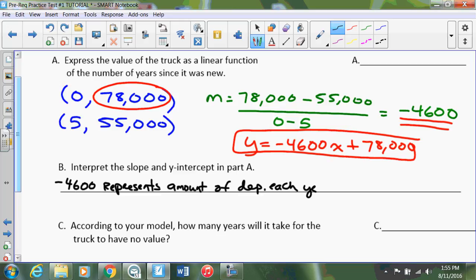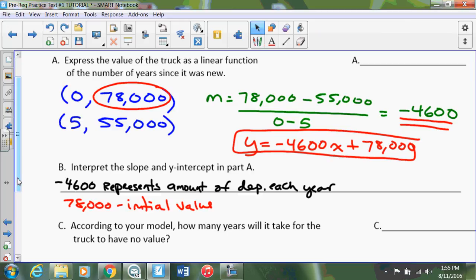I'm looking for you to write something that shows me that you understand what a slope really does represent in this problem or any problem. And 78,000, I talked about that as well, is the initial value. In the beginning, it had the value of 78,000.